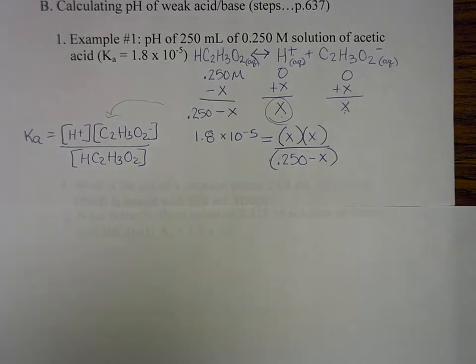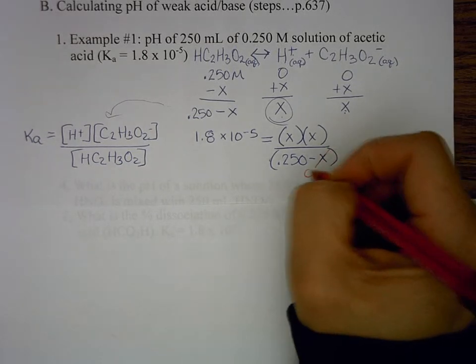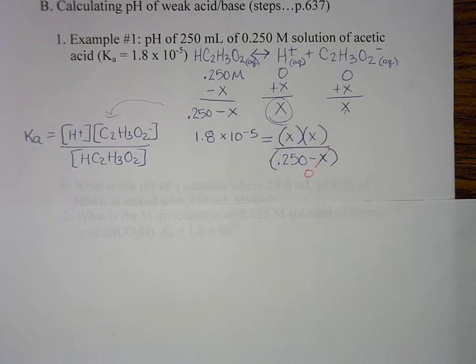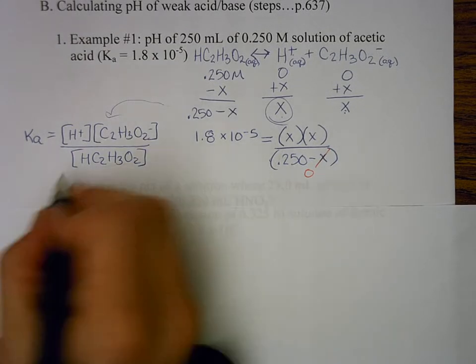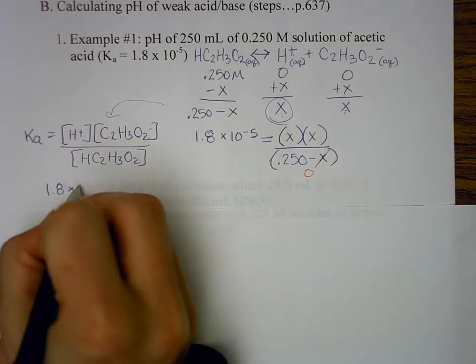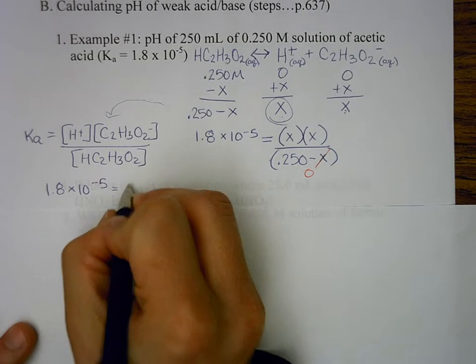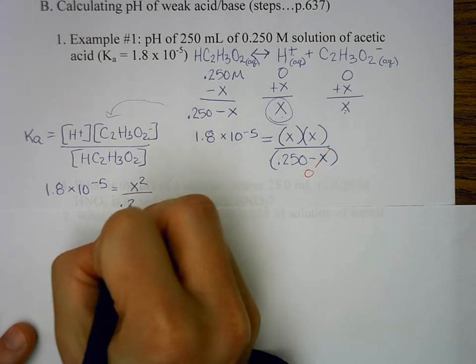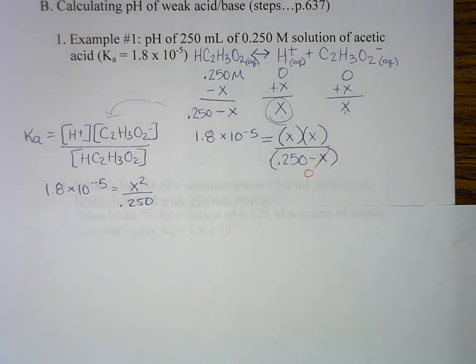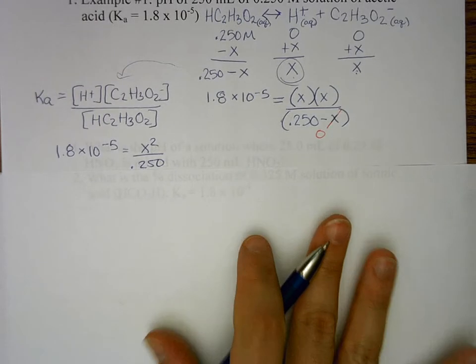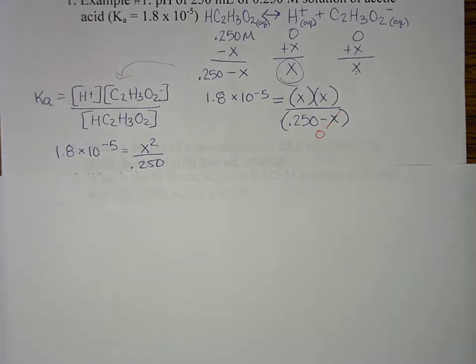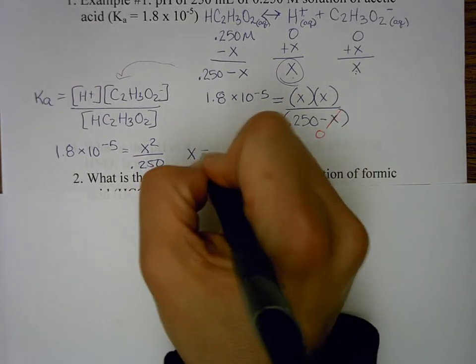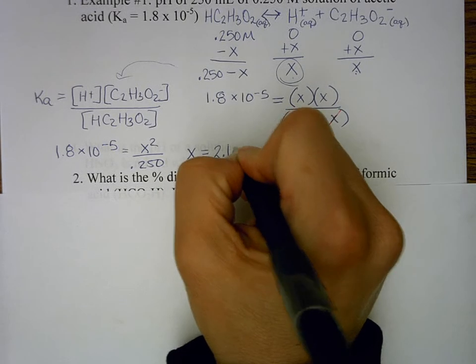So I can cross out that x. Okay, so you end up with 1.8 times 10 to the negative 5 equals x squared over 0.25. x equals 2.1 times 10 to the negative third.